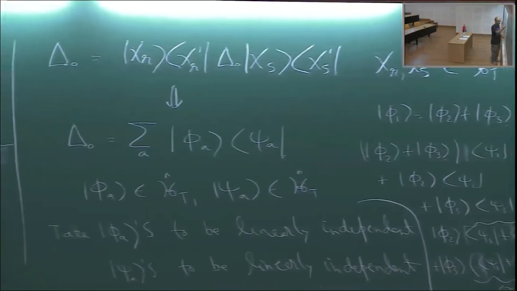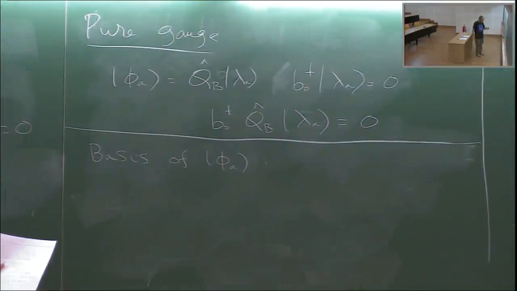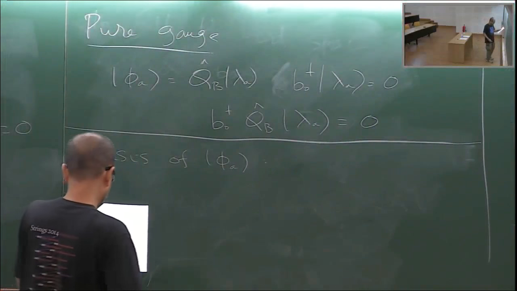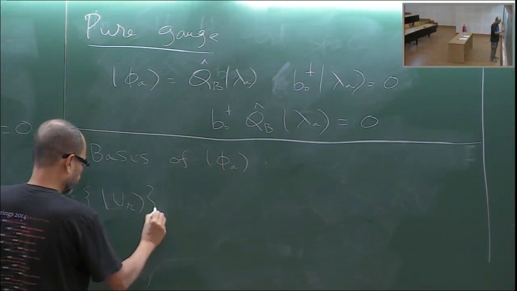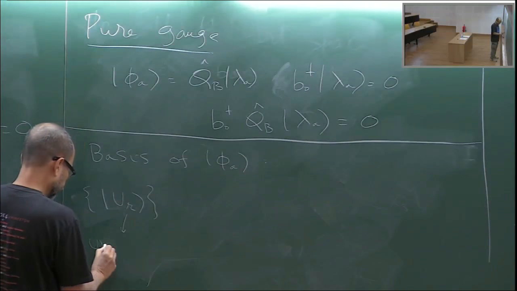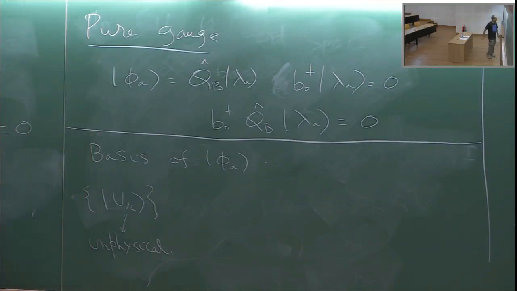Again I emphasize that this is expected to be a finite number of terms, a finite dimensional space, but I'm not going to use it. So first I'll introduce U R. These are the unphysical states. The U R are the ones which satisfy these relations, that QB hat on U R is not equal to 0.